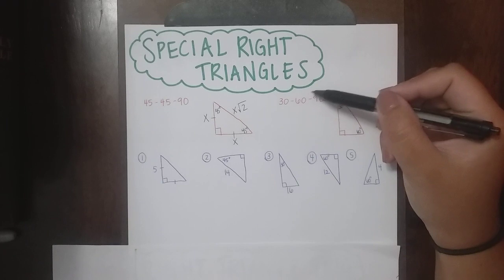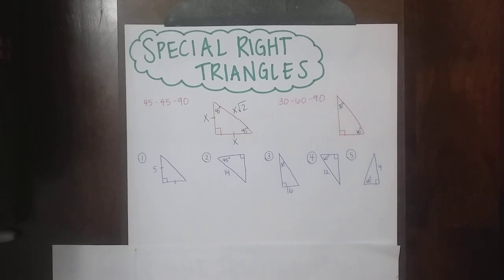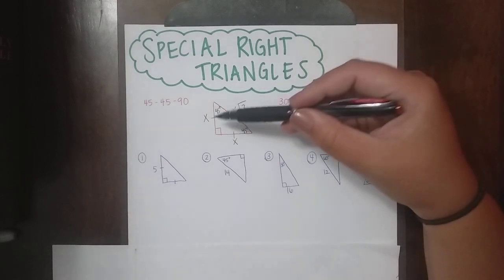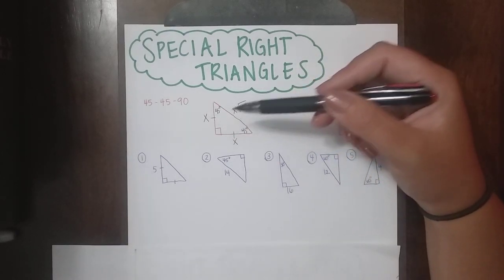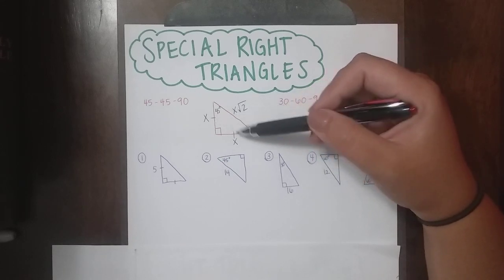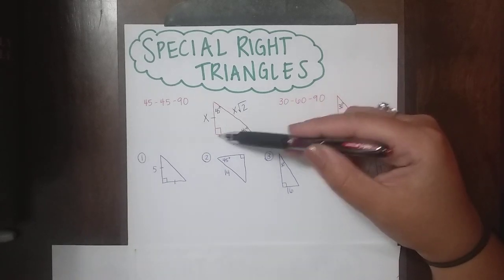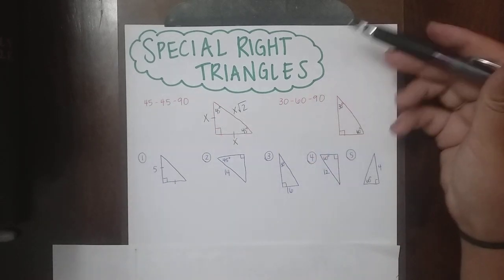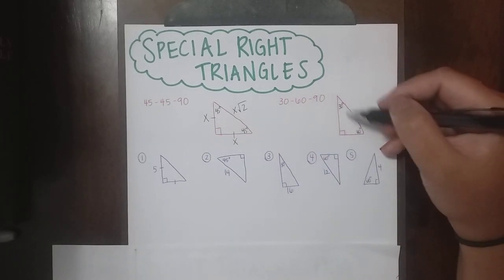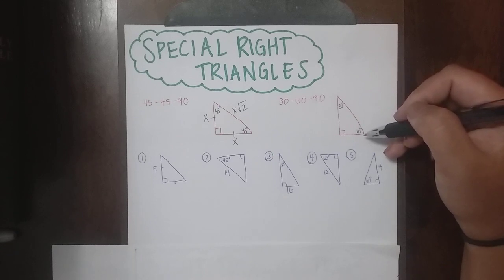All right, 30, 60, 90 is a little bit different. Let me change colors here. Okay, my legs of the triangle, which your legs are the sides that are not the hypotenuse. So the legs of the triangle for a 30, 60 are different. For the 45, 45, they're the same, so I can just call them both x. For the 30, 60, the angles are different, so that means that my sides are different.